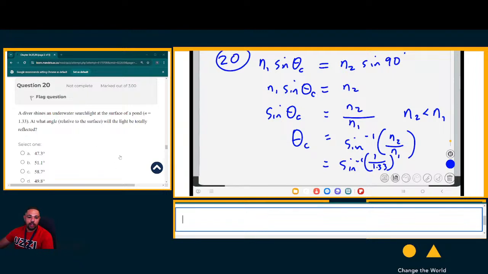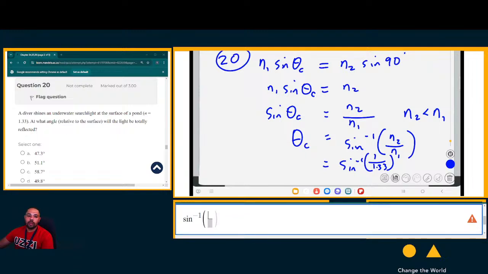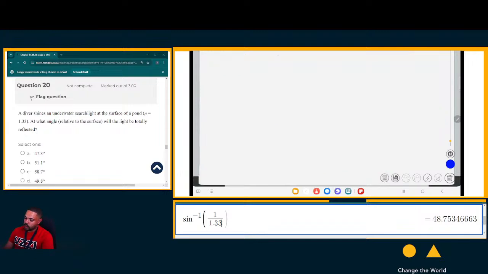So we have the inverse sine of 1 over 1.33. The critical angle is then 48.75 degrees.